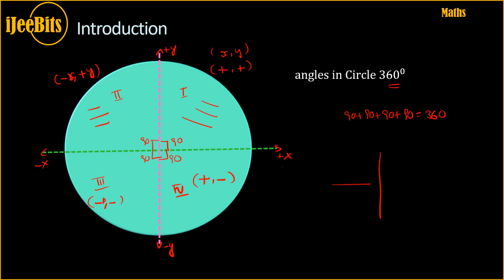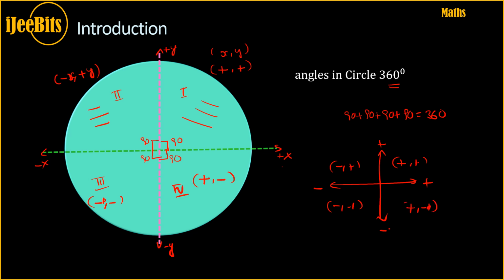If you look at coordinate geometry in our coordinate system, this is a plus axis, this is a plus axis, this is a negative x, this is negative y, right? So that's why a plus plus point can be represented here, a minus plus point can be represented here, a minus minus point can be represented in this quadrant, and then a plus minus in this quadrant.